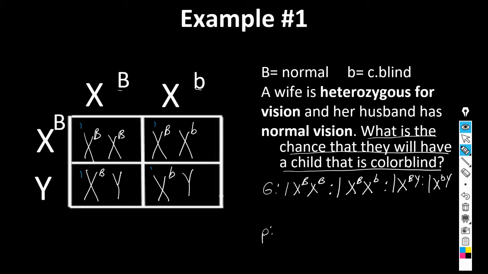And so now I'm going to look at what that translates into. This individual I would describe as a normal female. This individual would also be a normal female, even though she is a carrier. We have indicated that in the genotype, but we do not include that in the description of the phenotype.